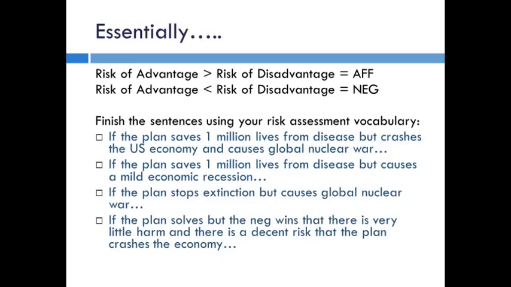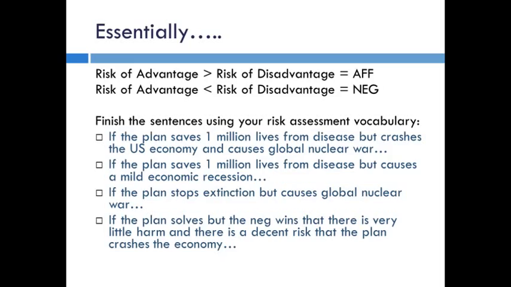Okay, so the second one. If the plan saves 1 million lives from disease but causes a mild economic depression, then the plan has a larger magnitude because saving 1 million lives is a greater risk than a mild economic depression, which means that the AF would win. The third one. If the plan stops extinction but causes global nuclear war, then extinction is greater than global nuclear war, so the plan would win, or the AF would win, because the magnitude of extinction is greater than global nuclear war.